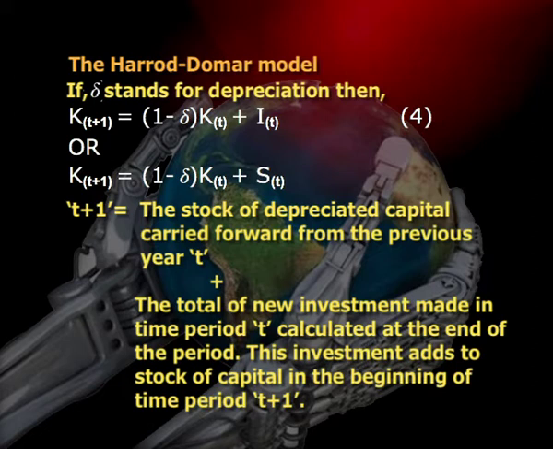The stock of capital at the beginning of time period T plus 1 is equal to the stock of depreciated capital carried forward from the previous year T plus the total of new investment made in time period T calculated at the end of that period. This investment adds to the stock of capital in the beginning of time period T plus 1.